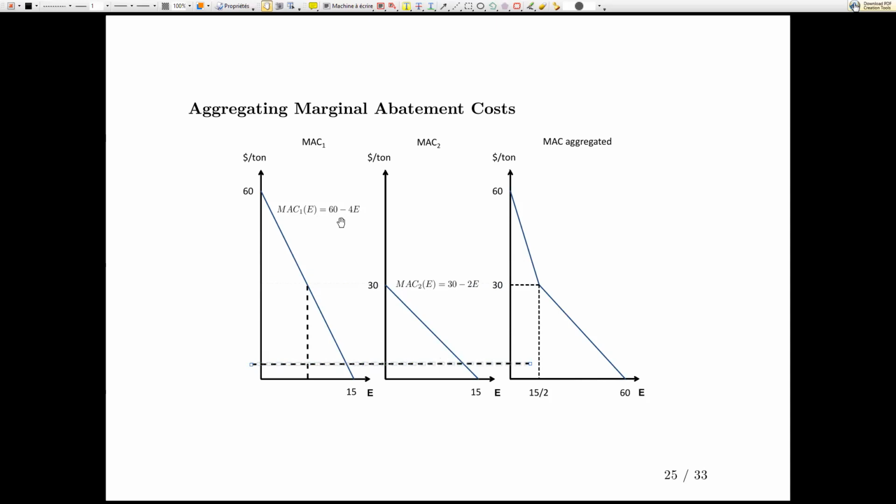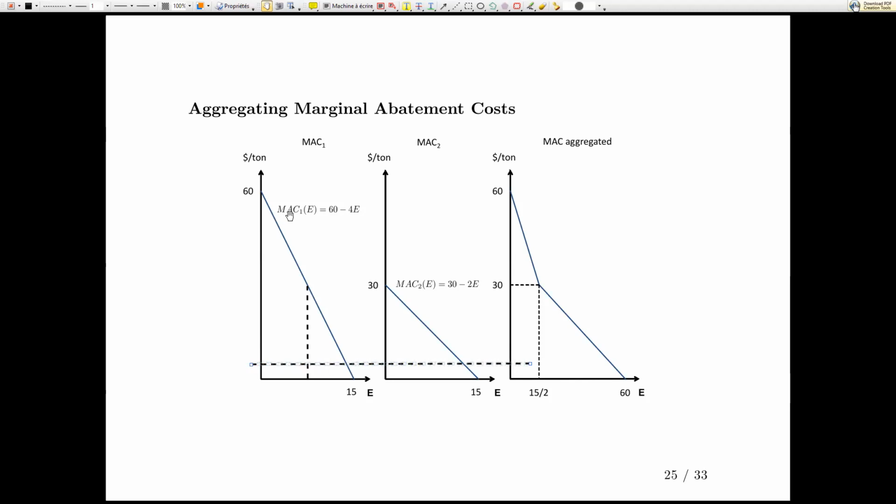It's 60 minus 4e. So here's the function. And I know that firm one, I already computed it. If I don't ask firm one to abate anything, then firm one is going to emit 15. That's the maximal emission.